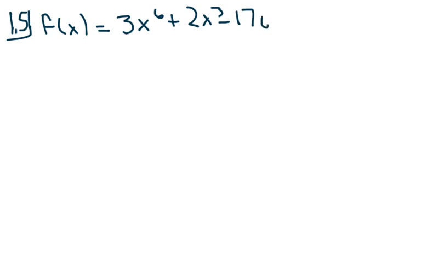F of x equals 3x to the 6th plus 2x cubed, oh Lord, minus 176. And they're saying c is negative 2. So I'm going to plug in negative 2 here and see what happens.